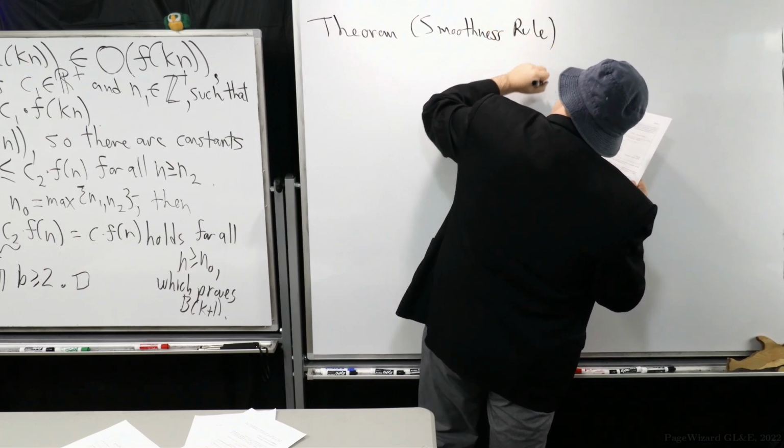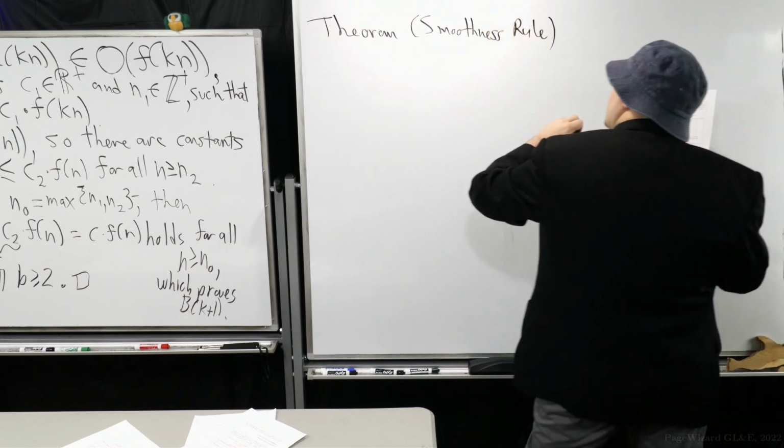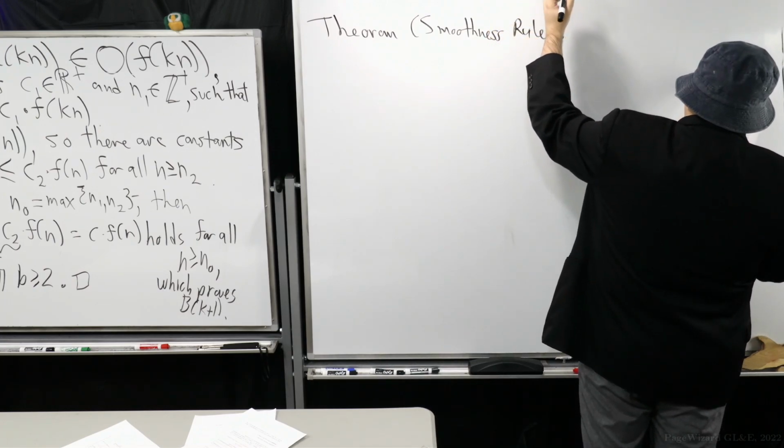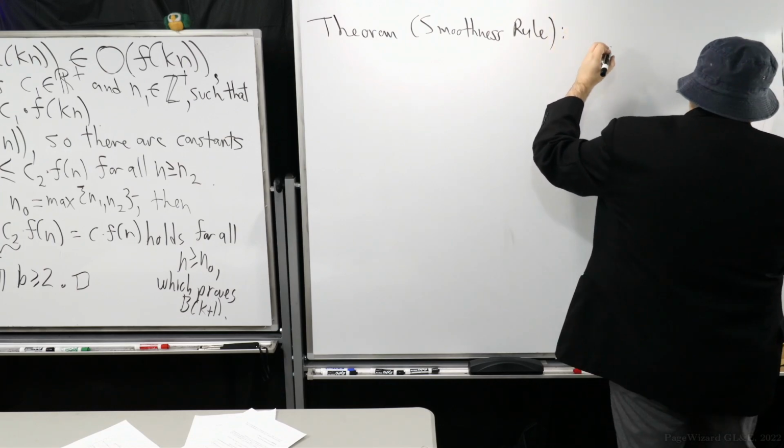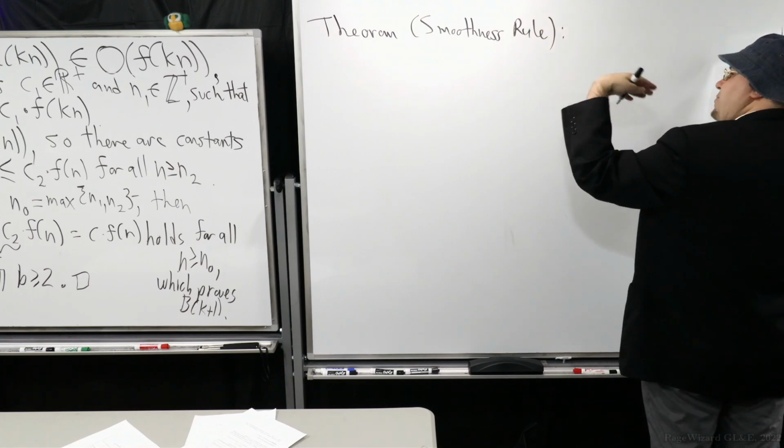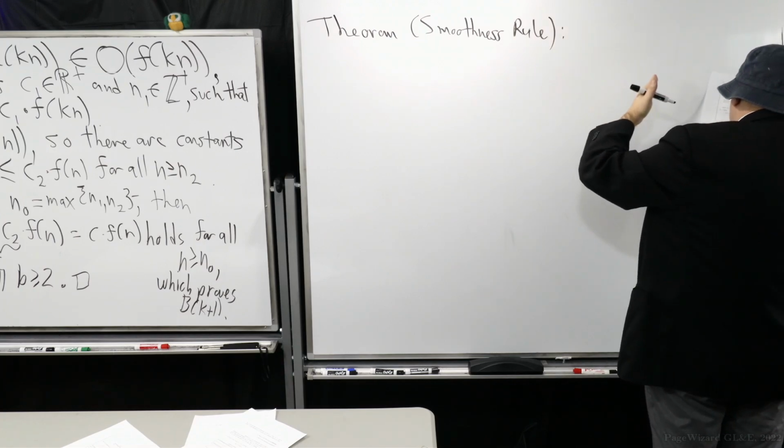We're going to prove the smoothness rule. So remember, we have two complexity functions, f and g.